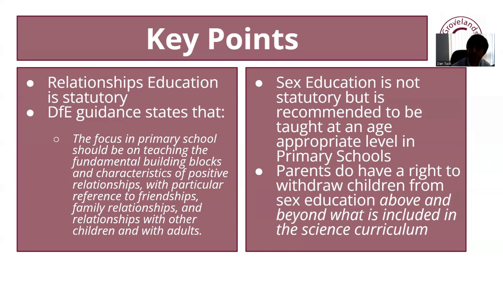Sex education is not statutory, although it is recommended to be taught in primary schools. Parents do have a right to withdraw children from sex education above and beyond what is included in the science curriculum. And I will let you know how you can do that later in the webinar, should you wish to.